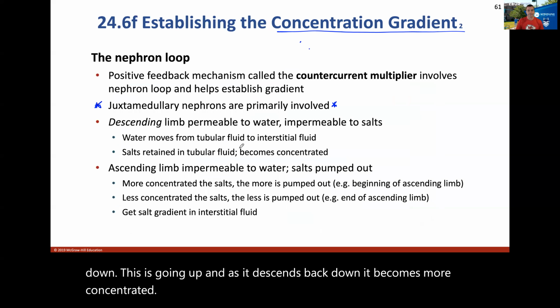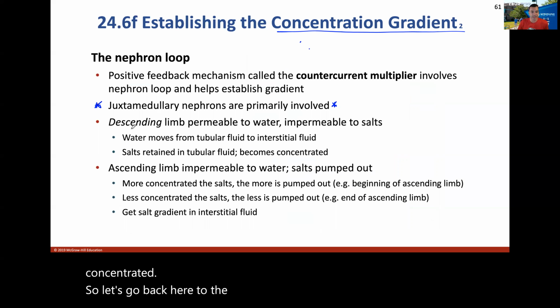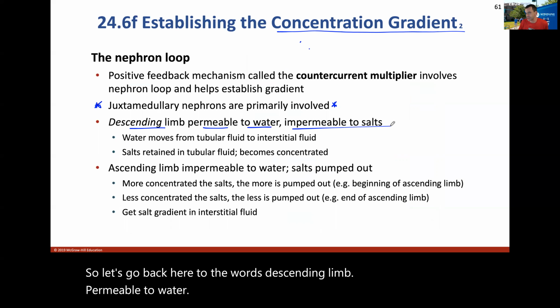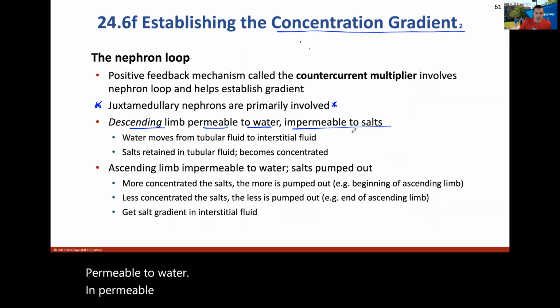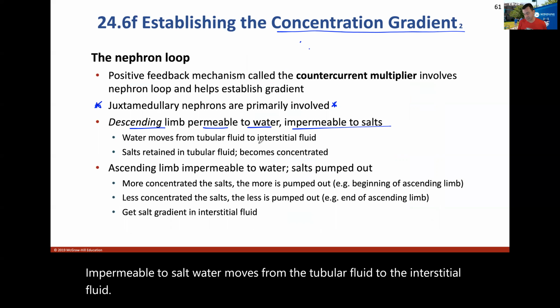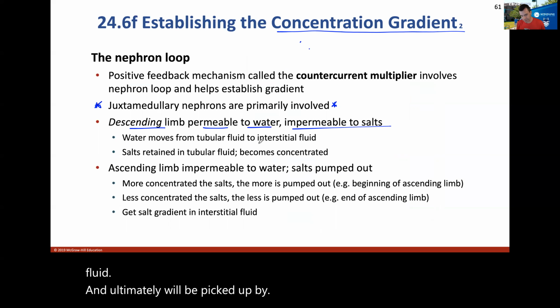So let's go back here to the words. Right? Descending limb, permeable to water, impermeable to salts. Okay. Water moves from the tubular fluid to the interstitial fluid and ultimately will be picked up by the vasa recta.